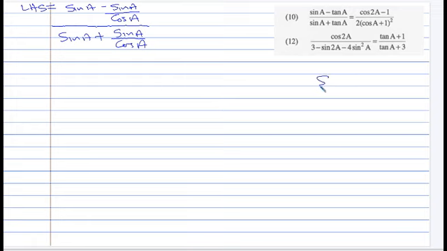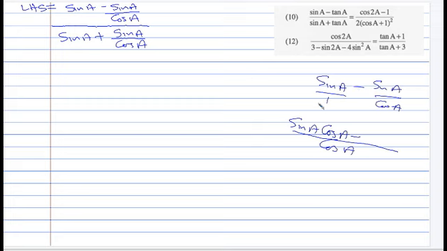So we have sin A minus sin A over cos A, and this is over 1. So our common denominator there should be cos A, and then on top we have sin A by cos A, so it's sin A cos A, and then minus 1 times this sin A, so it's minus sin A. There we are.